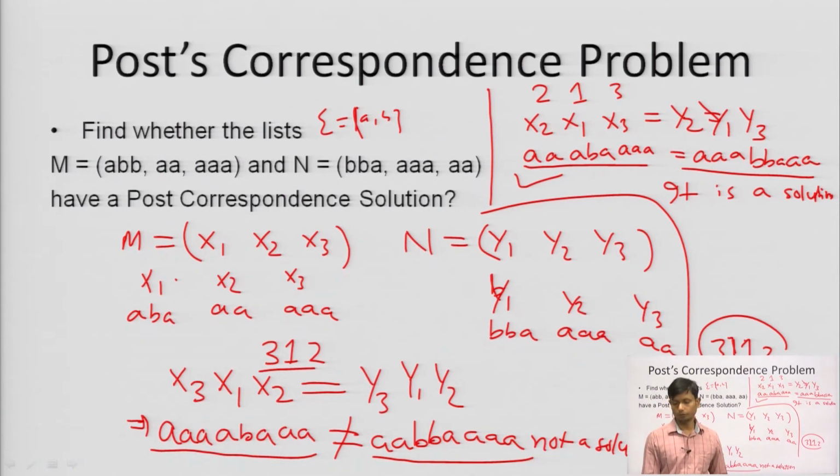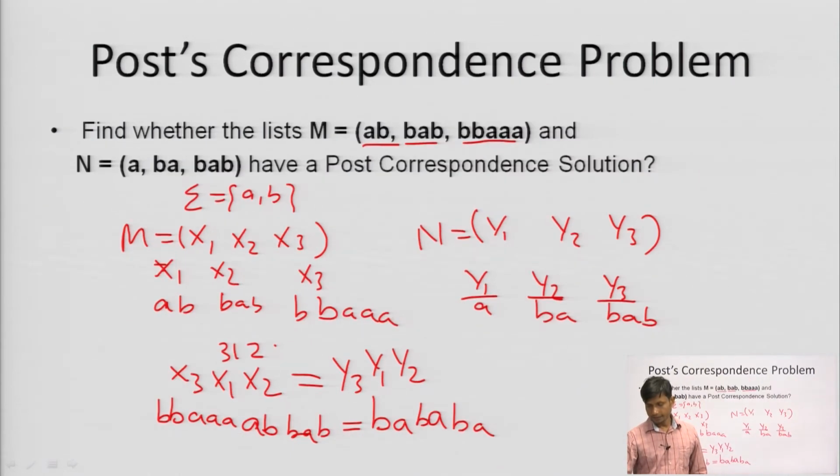But in this problem we do not have any solution because of length only. M is 10 in length and N is 6 in length, so there is no solution.